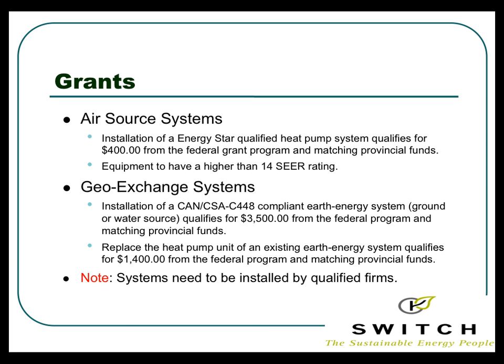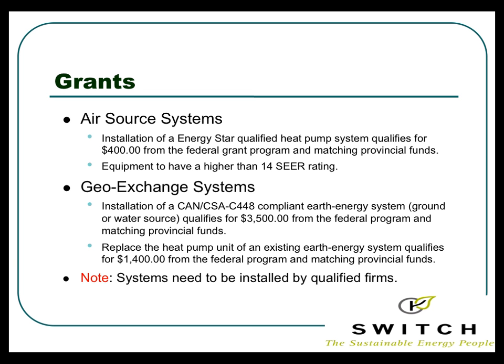Now on the Geo Exchange, we have to ensure that it is installed to a CSA standard, C448, okay? And that will qualify you for $3,500 grant from the federal government, and again, matching funds from the provincial side. And then you're going to get, of course, the tax and PST incentives, as Rick mentioned as well.